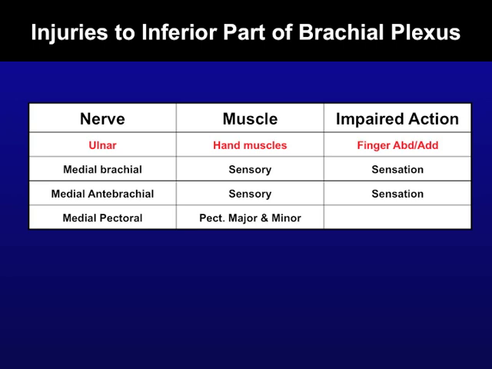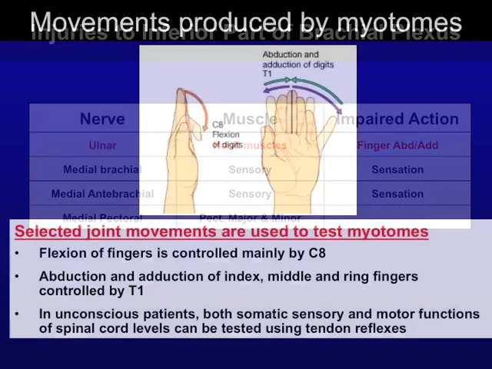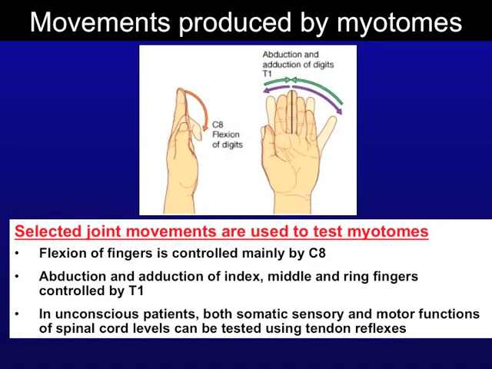This can be easily demonstrated in an individual by asking them to hold a credit card in their outstretched fingers. They cannot do it. The loss of C8 and T1 can be summarized by stating that loss of C8 leads to inability to flex the fingers at the metacarpal phalangeal joint and action of the interossei muscles.